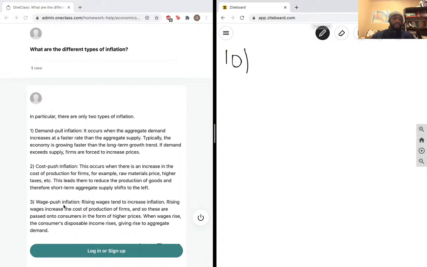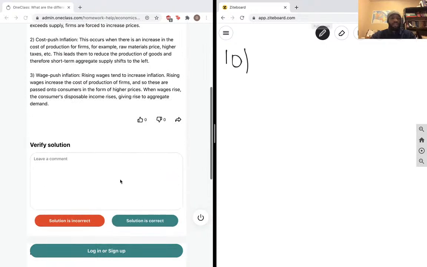But wage push inflation is just another form of cost push inflation, because wages are, for firms, a cost of production, and once wages increase, the firms make their profits again by increasing the prices. So we'll say this is correct.